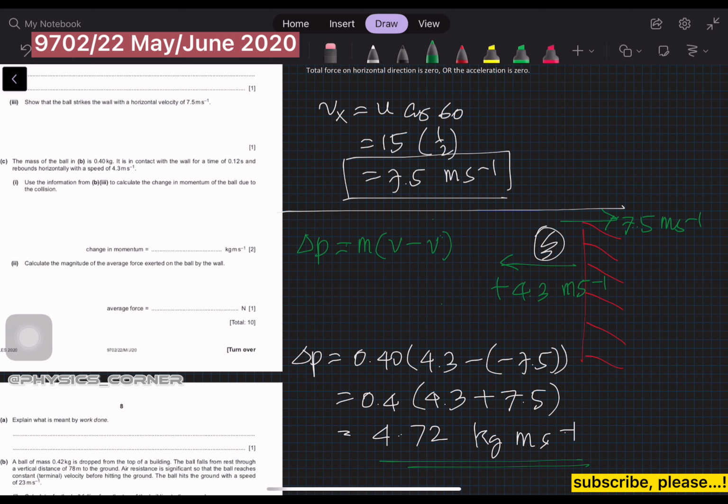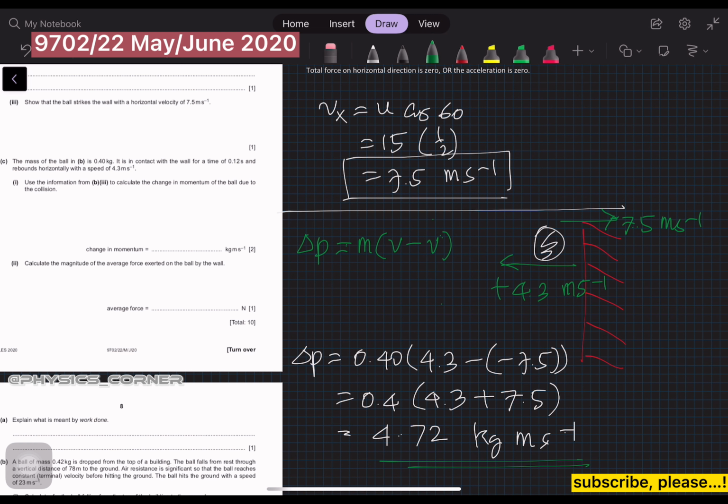And we have one more question, question II. Calculate the magnitude of the average force exerted on the ball by the wall.